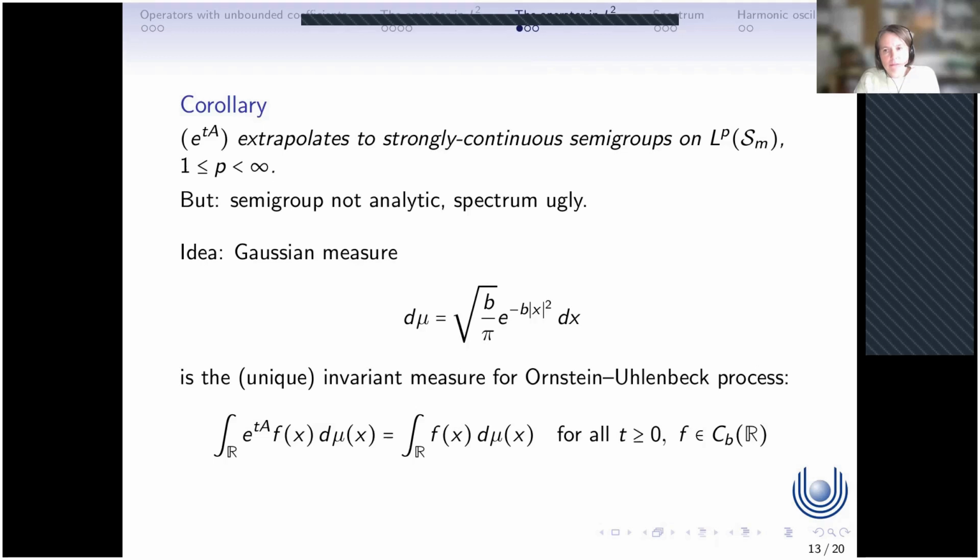Well, you could just do like on R: you could switch to another measure, in particular to a Gaussian measure, and try to work in this new space. For R, this is the unique Gaussian measure for the Ornstein-Uhlenbeck process. So in particular, you have this stochasticity formula.